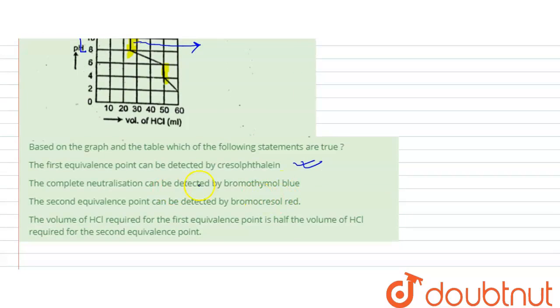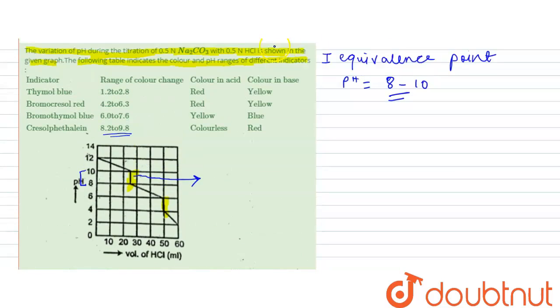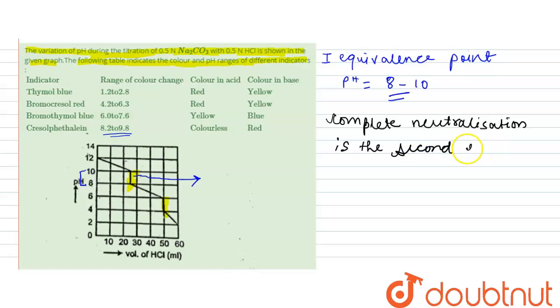Now let's see the second one. The complete neutralization can be detected by Bromothymol blue. So what is complete neutralization? Complete neutralization is the second equivalence point.